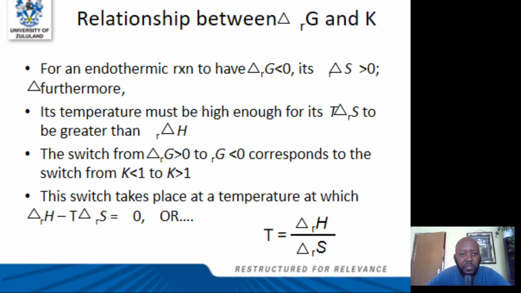So what I'm trying to say, good people, is remember that the system can also be at equilibrium. If it is at equilibrium, it means the value of G is equal to 0. Where the Gibbs free energy is equal to 0, it means that delta H minus T delta S will be equal to 0.